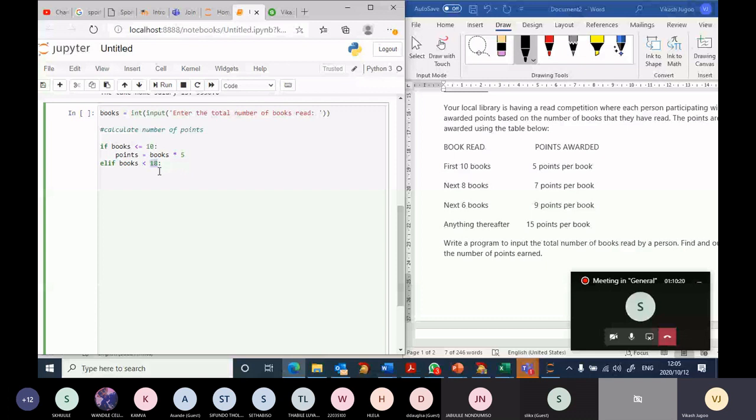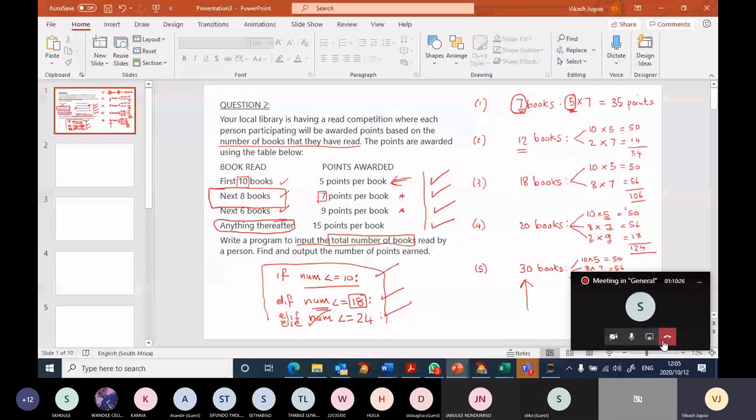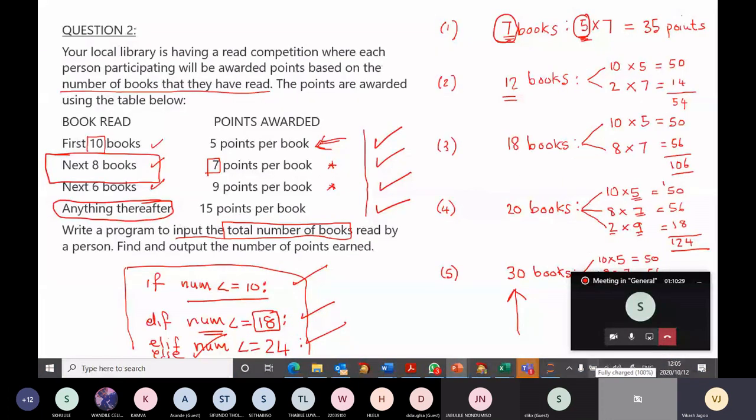Right? So there's 2 parts to this. Let's go back to my calculation and look at this. There are 2 parts to this. Was the case, right? This was the case. If I read 12 books, 12 books is the first 10 at 5 points and the remainder. This 2 is my remainder. How did I get the remainder?